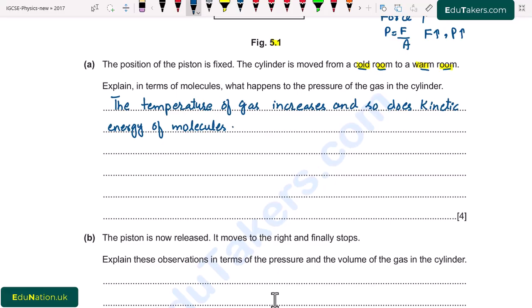They collide with walls of the container or cylinder harder, and change direction.